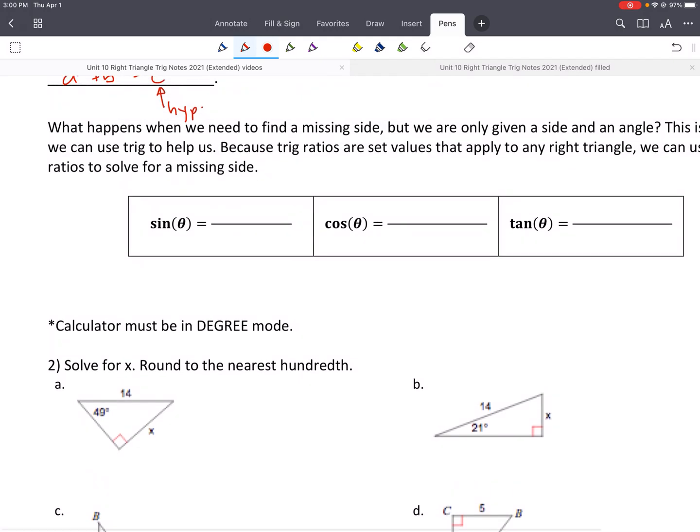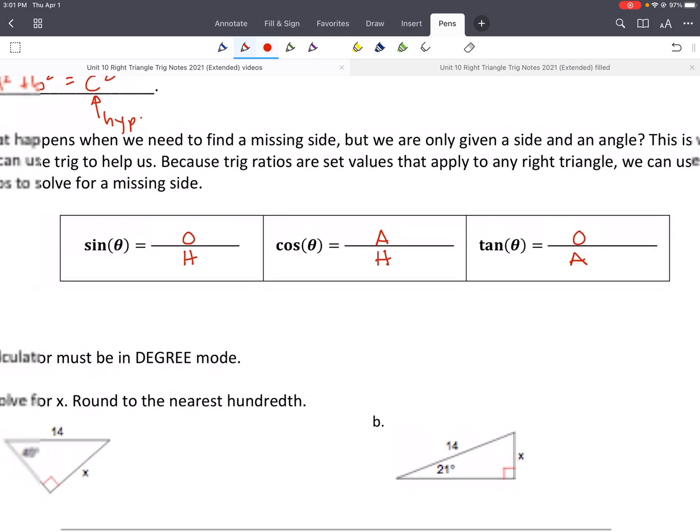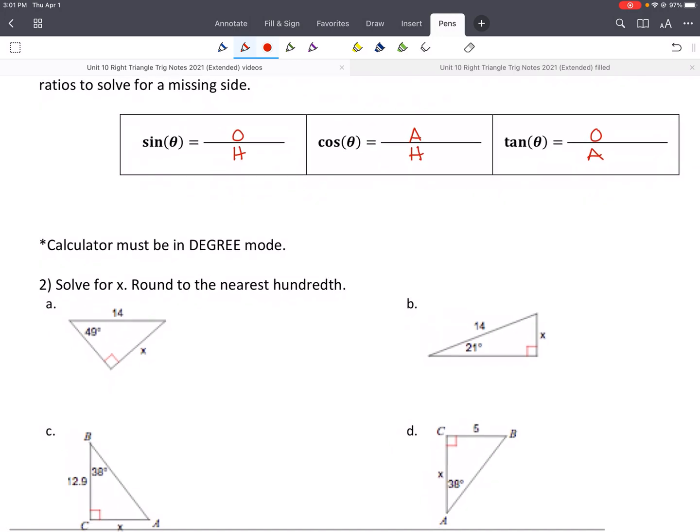So let's recap the trig ratios. For sine, it is opposite over hypotenuse. Cosine is adjacent over hypotenuse. And tangent is opposite over adjacent.